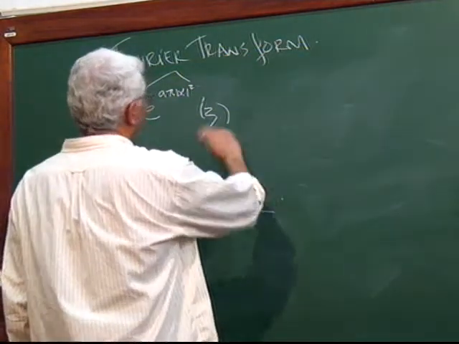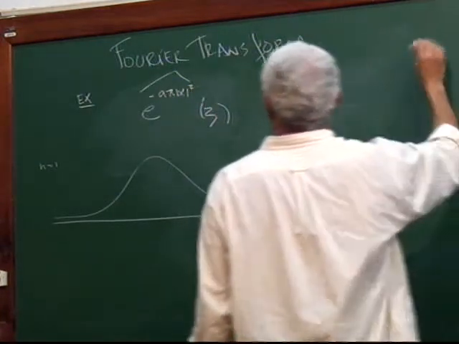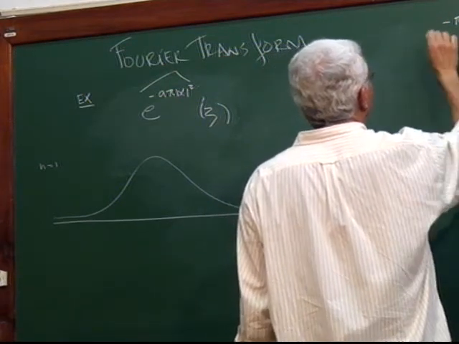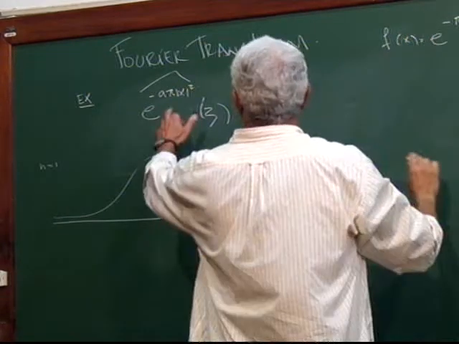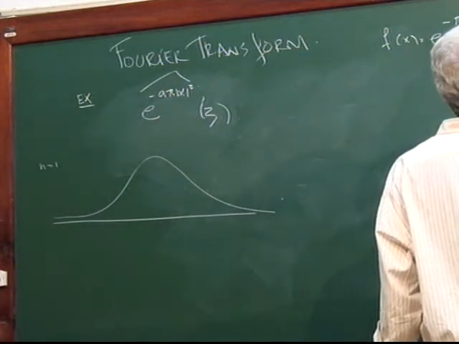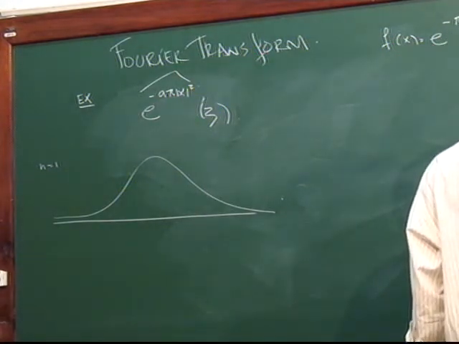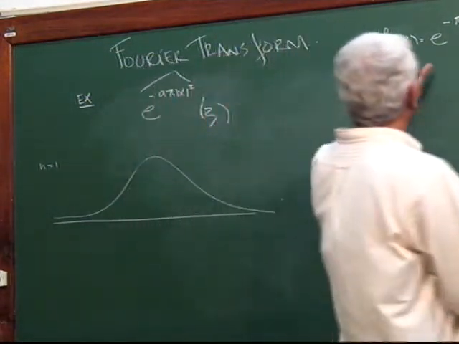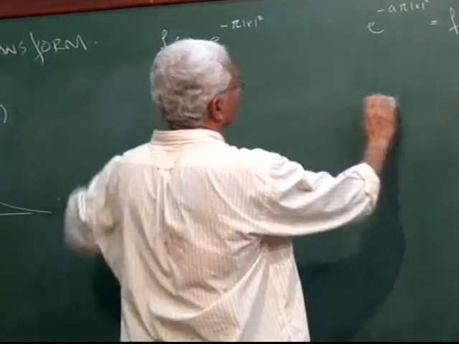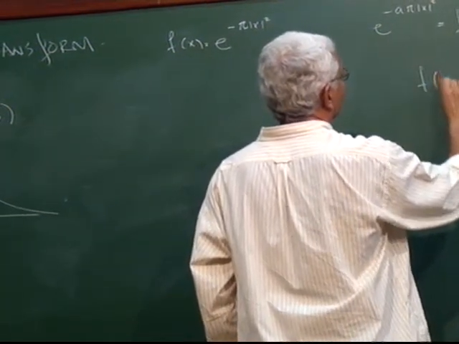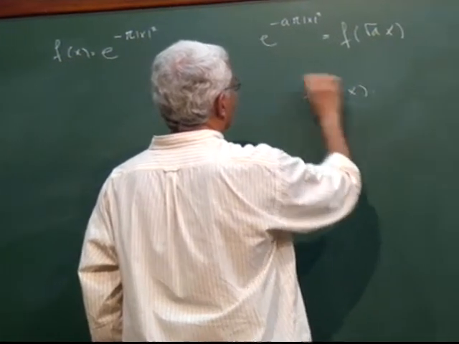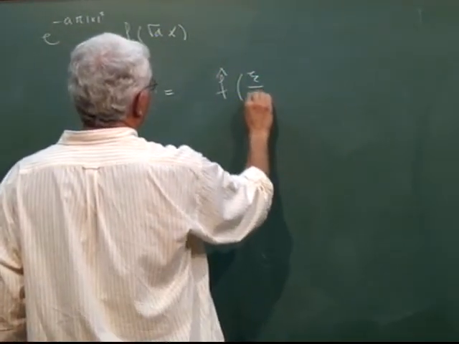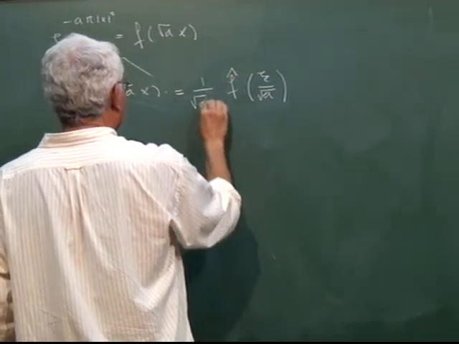Okay. Then let's go to the property that if we have this function, who is this one? Right? Therefore, what is the Fourier transform of this one? The Fourier transform of this one will be the Fourier transform of the original one, square root of A, right?